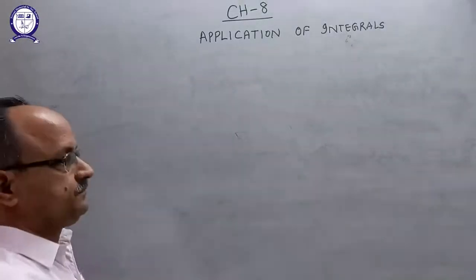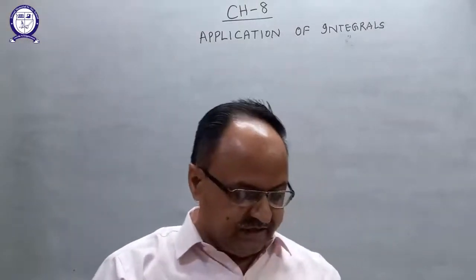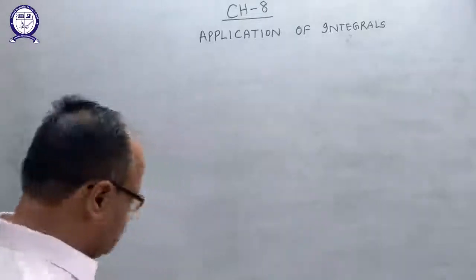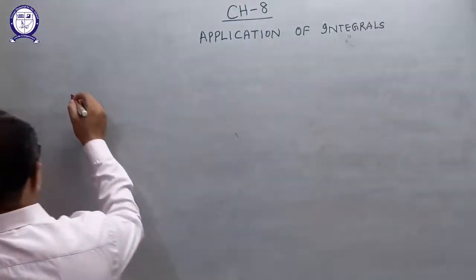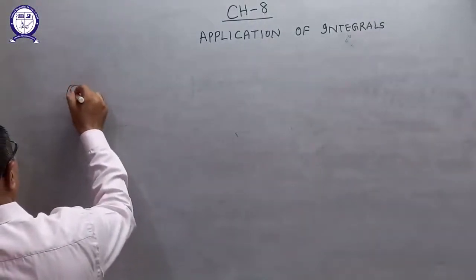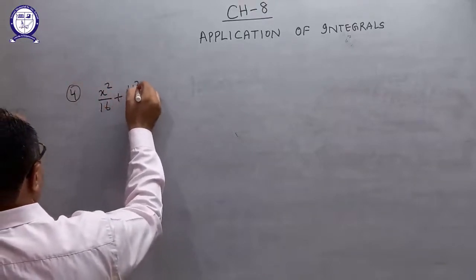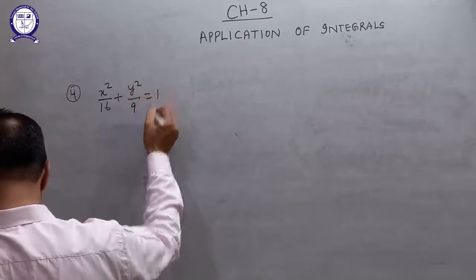Next, find the area of the region bounded by the ellipse x square by 16 plus y square by 9 is equal to 1.